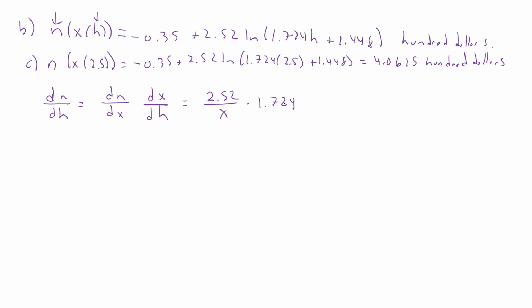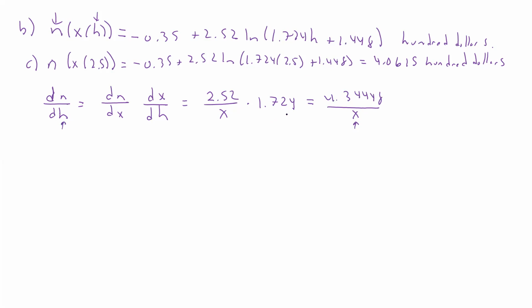Okay. Now we could go ahead and multiply that out. I'm just going to do that by hand calculator here. 2.52 times 1.724, and we get 4.34448 over x. But now we notice that that's an x and we want an h.